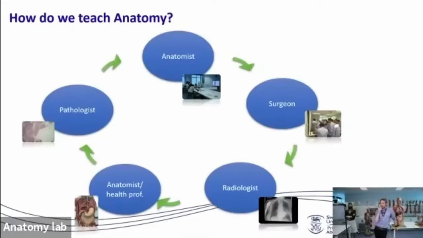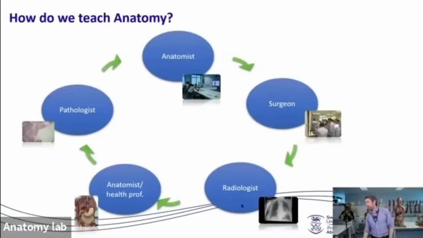So normally, we teach like this. We take our, say, 100 students and split them into 5 groups. Each one of those groups will have a different teacher. We'll have an anatomist like me or Marcy, who can be expected to roll up and teach anything. We'll have a surgeon that's usually really specialized in the stuff we're teaching that day, but they'll be teaching in a very clinical, very relevant way.